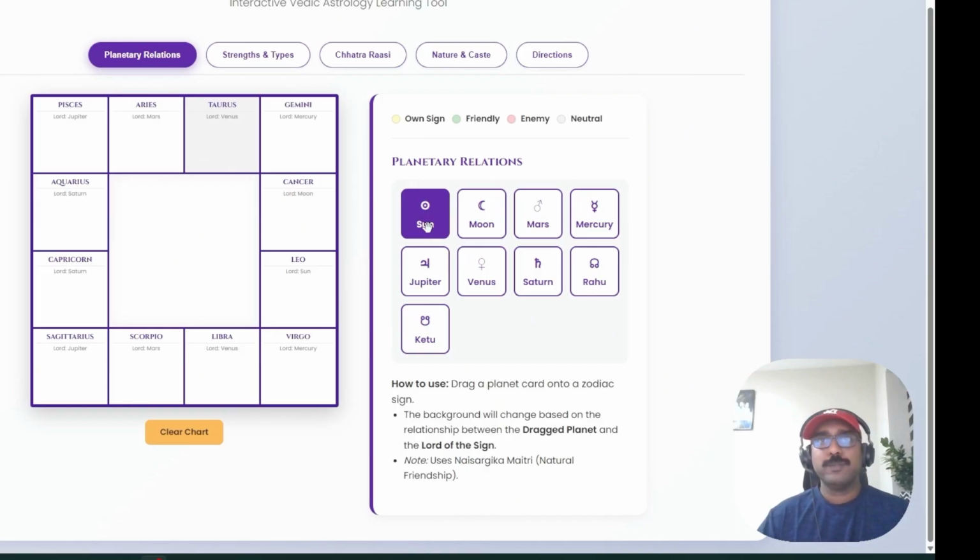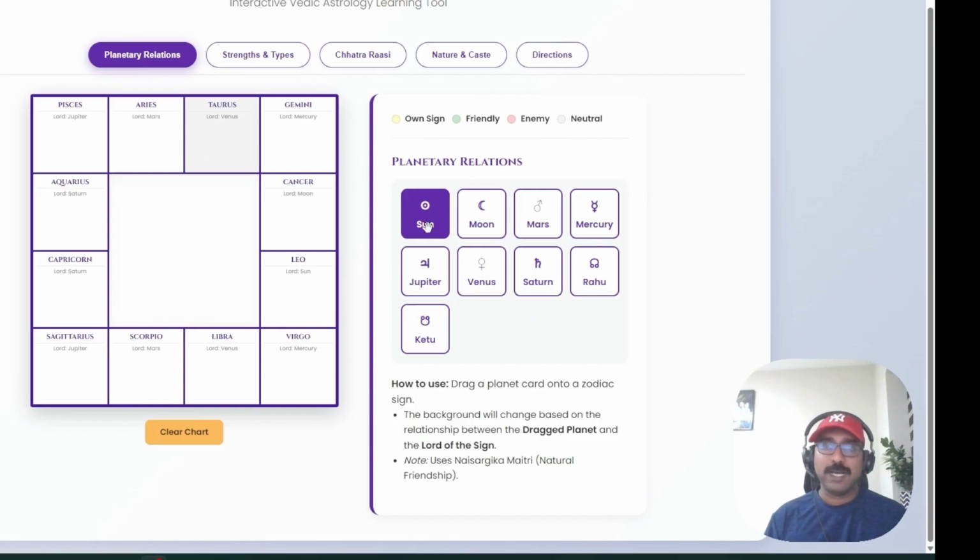The main point here, as I explained before, is that this relationship is different from how traditional Parashara methods define planetary relationships. There might be a bit of difference because the intent here is to answer a specific query, not to create a birth chart of a specific individual.